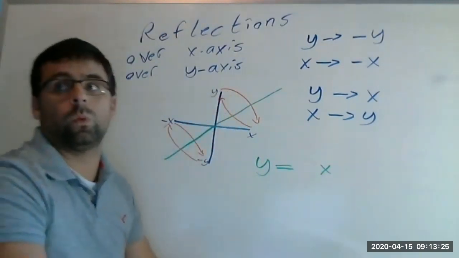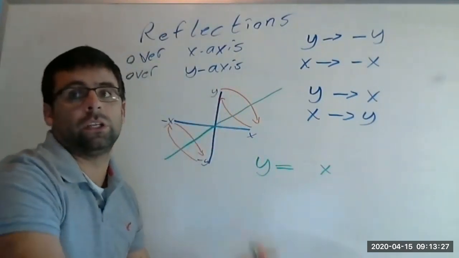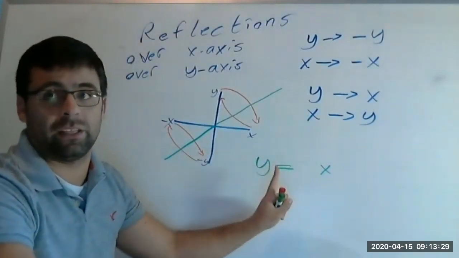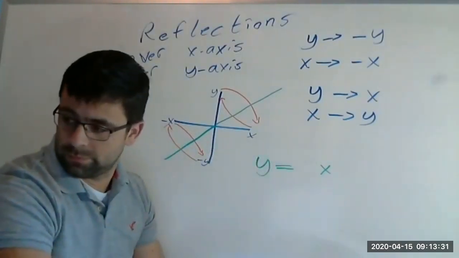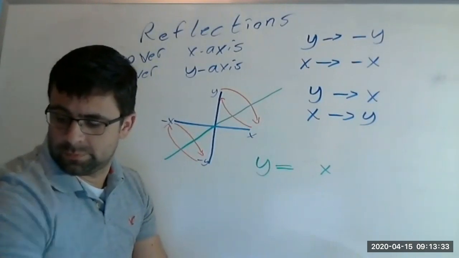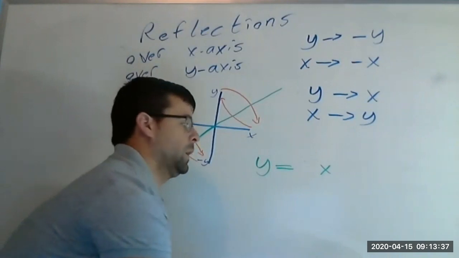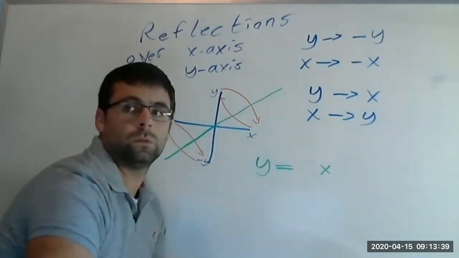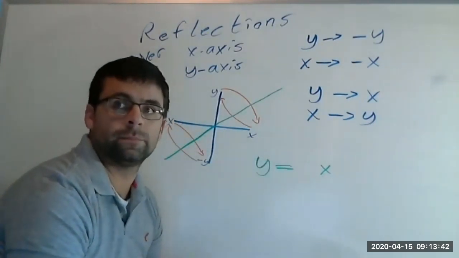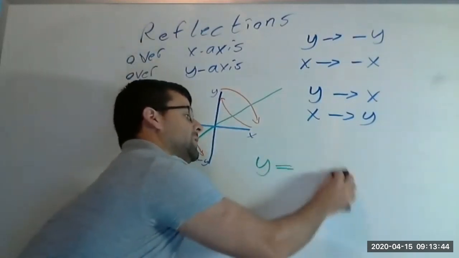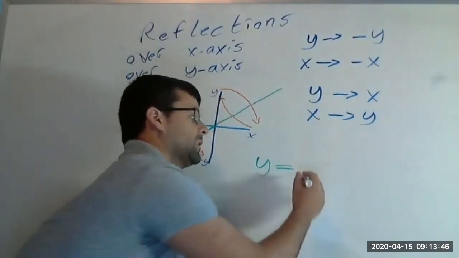So what is the slope that goes out the same amount as it goes up? 1. So we don't write the 1. The equation of this line is y equals x.